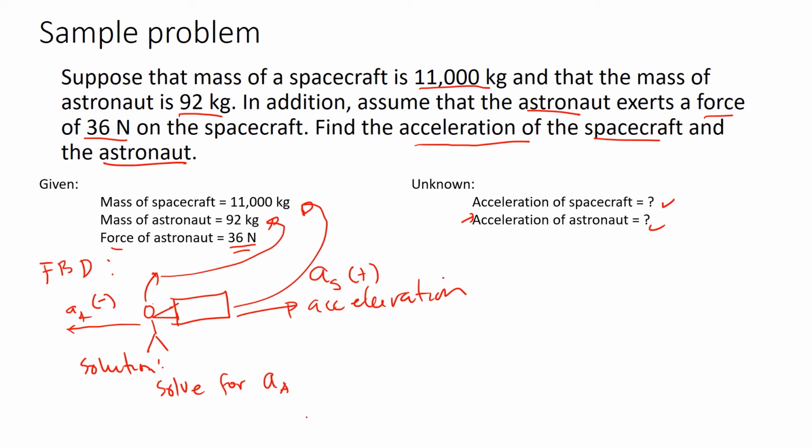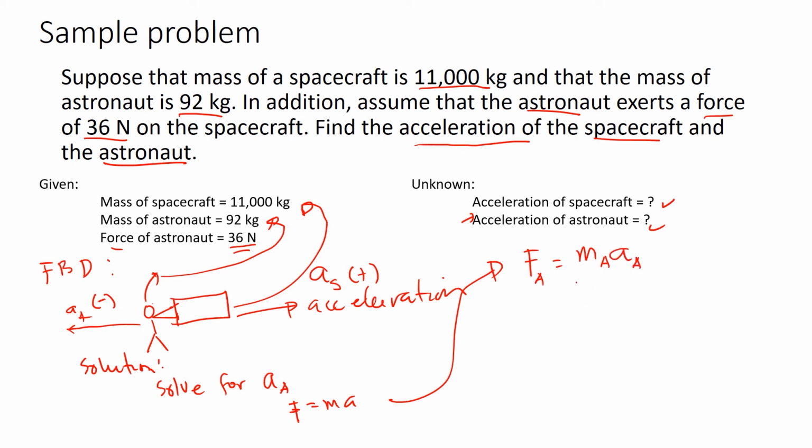So the acceleration can be solved using again the general equation of Newton's second law of motion, which is force equals mass times acceleration. This equals force of astronaut equals mass sub a, just to indicate that we're referring to the astronaut value, and this is the acceleration of the astronaut.